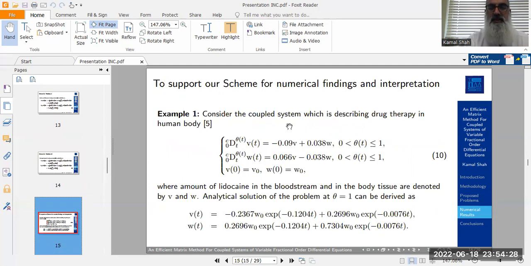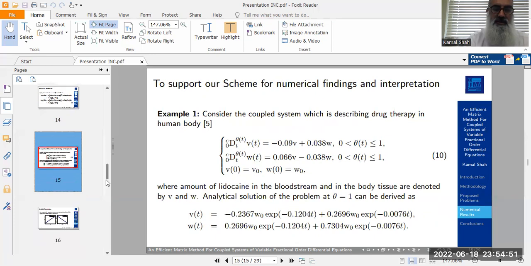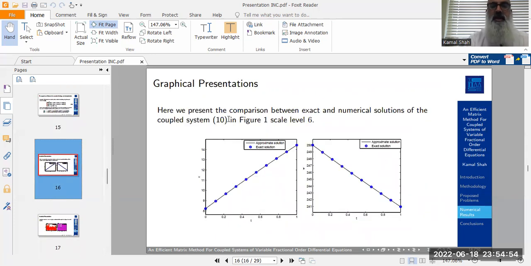To support our findings, we give some examples. The first example is a coupled system of blood therapy models given in reference 5. The analytical solution of this problem at theta equal to 1 is given as follows, where the functions V and W represent the lidocaine amount in the bloodstream and the body tissue. Here we present a comparison between exact and numerical solutions for coupled system 10 in figure 1.